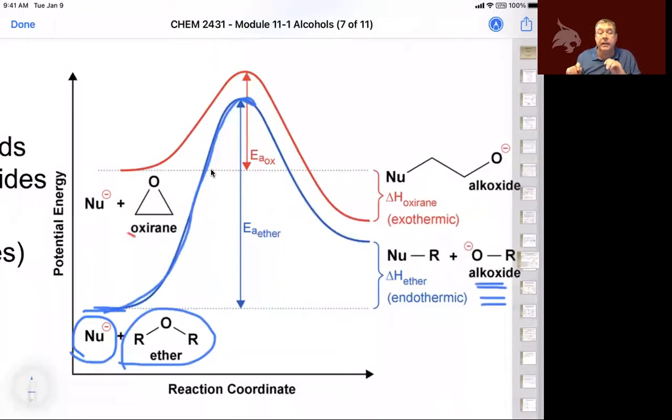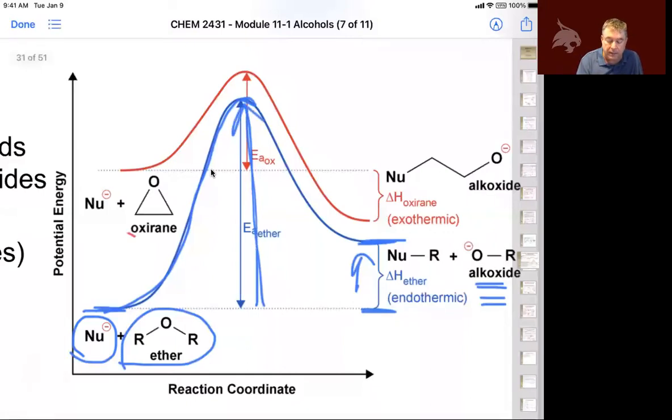In this case, it's a really bad leaving group in a linear system, and so the net of the reaction is actually that the product is higher in energy than we started with. Therefore, it's an endothermic reaction. So not only do we have to add all this energy just to get to the transition state, but the product is less stable in the end. So it's a very unfavorable reaction, okay?